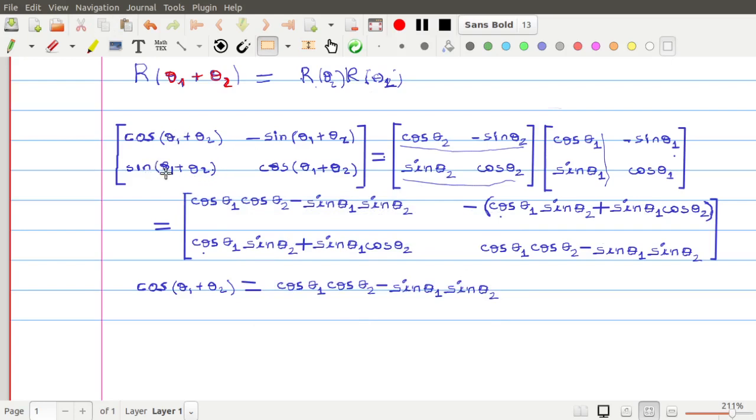And now for the sine, this entry will be equal to this corresponding entry here.